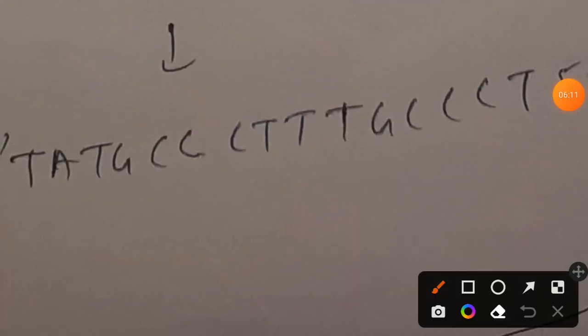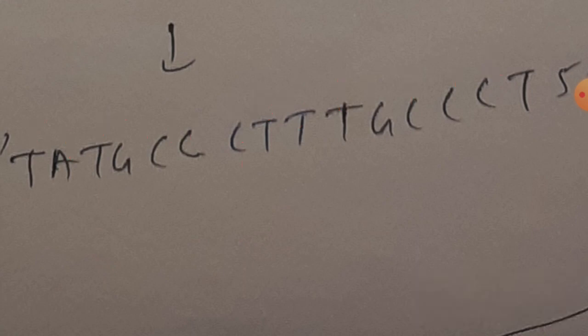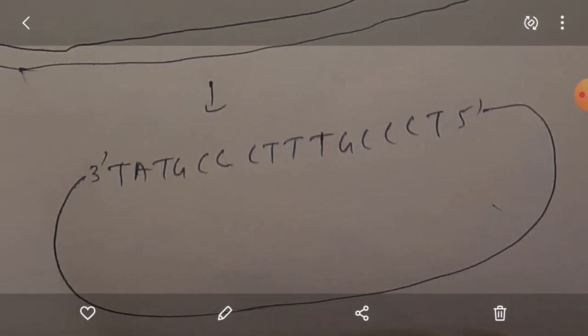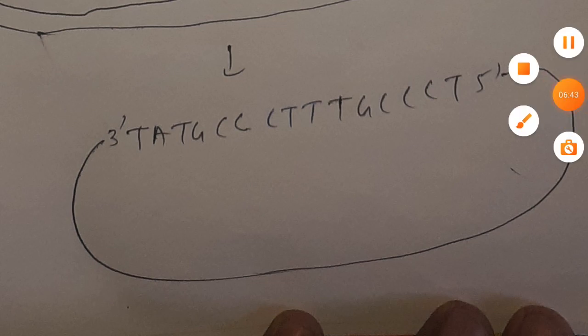How? Although the remaining part of the primer will be the same, in place of C we will incorporate G, in place of T we will incorporate A, but in place of the last T we will incorporate C. Although it will not form any hydrogen bond between C and T, the remaining nucleotides form hydrogen bonds very well, so the primer does not find any difficulty binding with that single stranded DNA molecule.